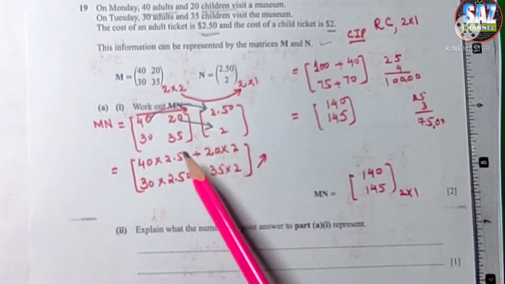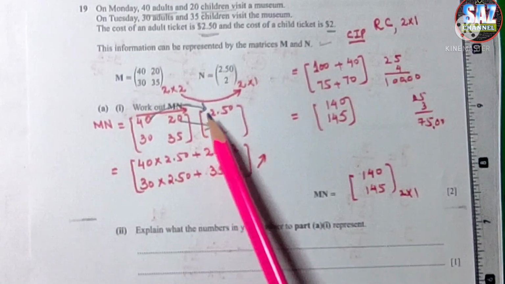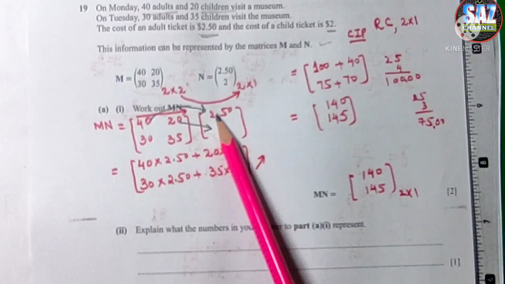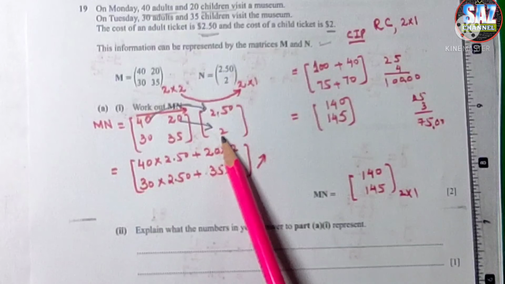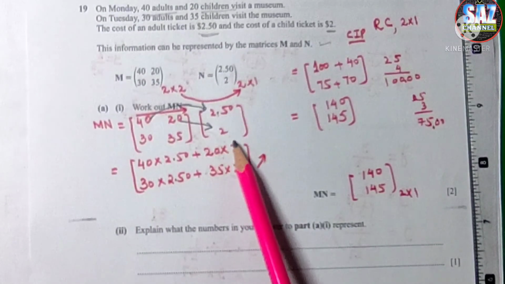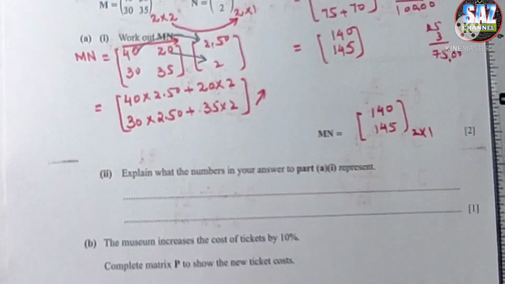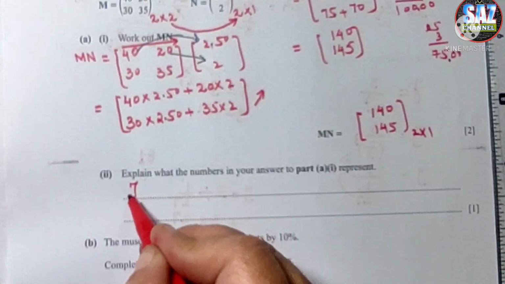So by multiplying the number of adults and children by the cost of one adult ticket and one child ticket, we can get the total money of tickets on Monday and total money of tickets on Tuesday.